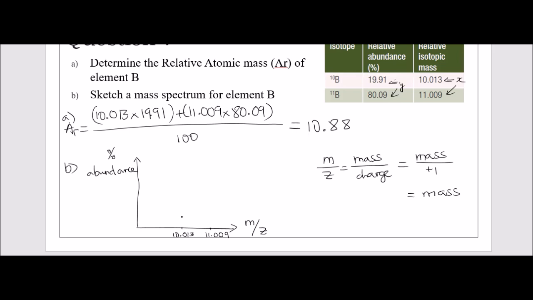It's about this much, for example, and if this is going to be the height of 19.91, then you want to make sure that the 80% is at least roughly. Now obviously if you have a ruler, I do expect a little bit more accuracy, but you want it to be 4 times higher and preferably a line.